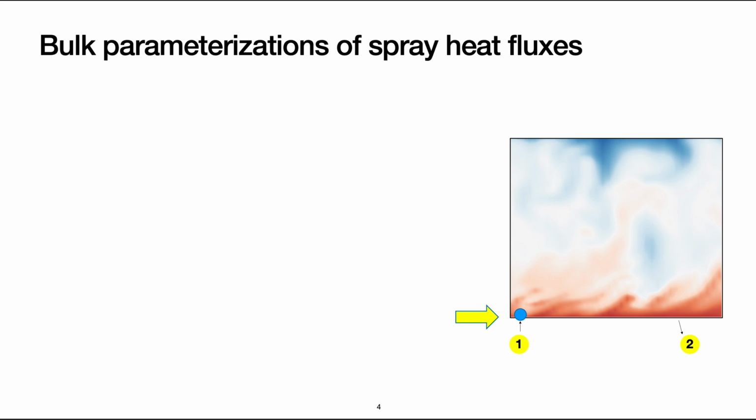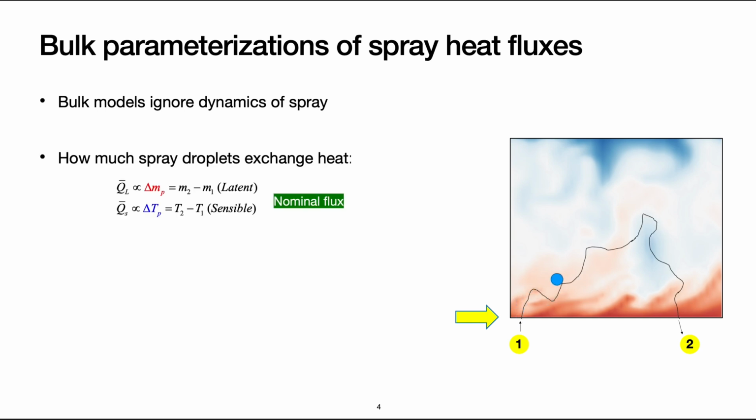To begin with, if you are familiar with how the spray-mediated fluxes are parameterized in the bulk model, you will know that it's based on the assumption that there is a nominal flux, meaning the net exchange of heat, either sensible heat, which is proportional to the temperature change, or latent heat, which is proportional to the mass change.